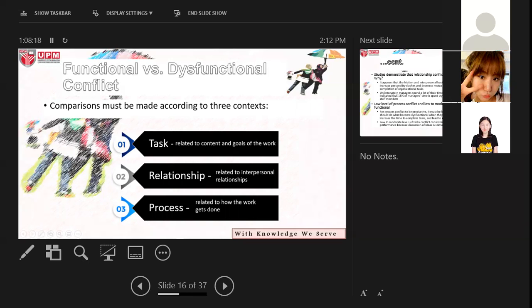Task is related to the content and goals of the work. Relationship is the interpersonal relationship, either between colleagues or between superior and subordinate. And lastly, process is related to how the work gets done. Macam mana kita nak identify either one conflict is functional or dysfunctional? We compare based on these three elements.